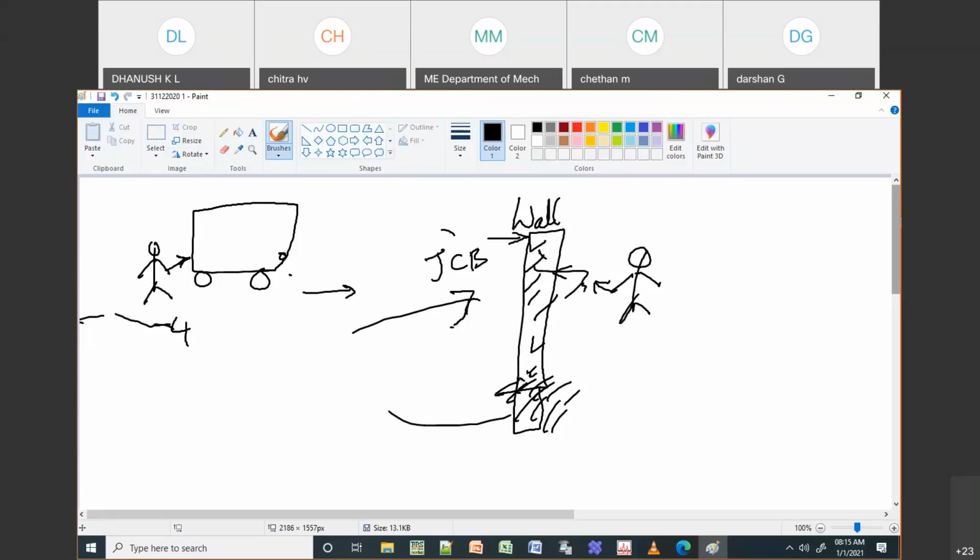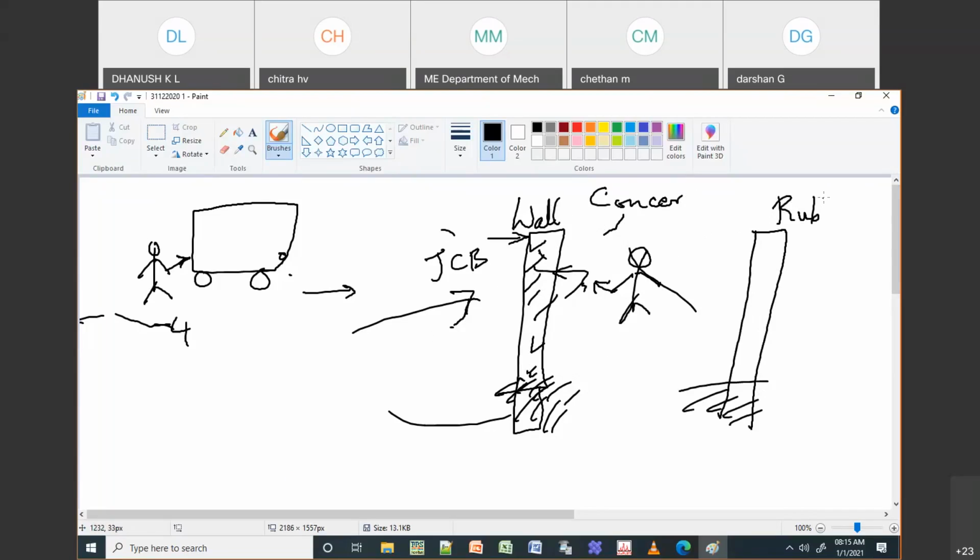Instead of the wall, if I use some very thick rubber, where in the first case it was made of concrete, here I'm taking the same wall or same pillar with rubber.